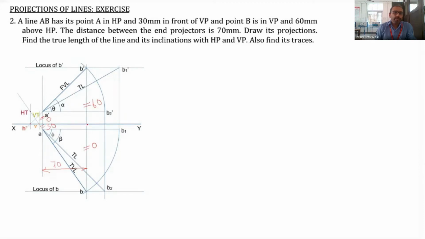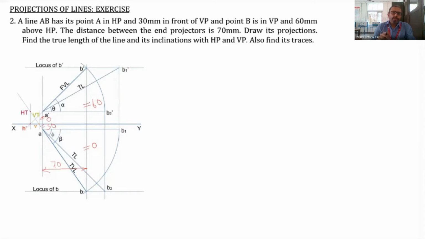So the projections are completed. Then you have to rotate the projection, that is AB, so that it will be parallel to the XY line, and then find out B1. Then from B1, using the locus of B dash, find out B1 dash.